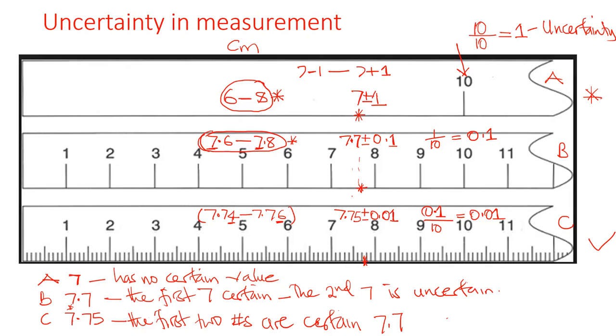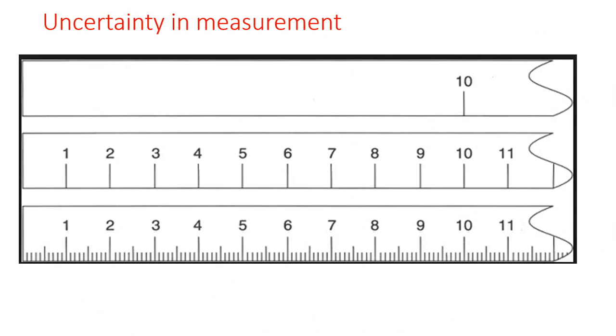So what we are saying in simple terms, when you are given a number, like 285, this last digit is uncertain. These two digits are certain.